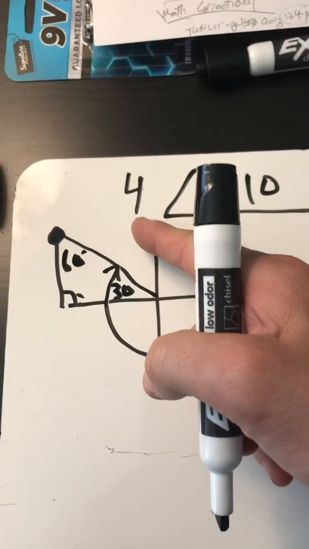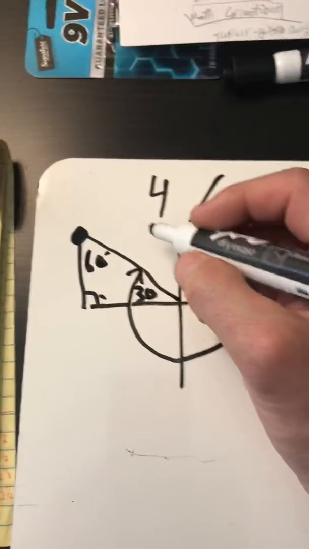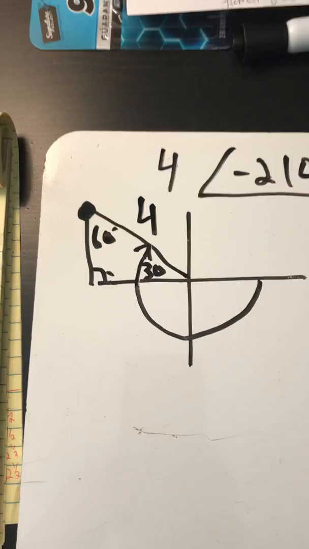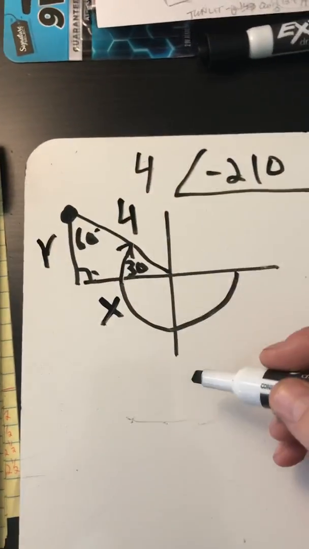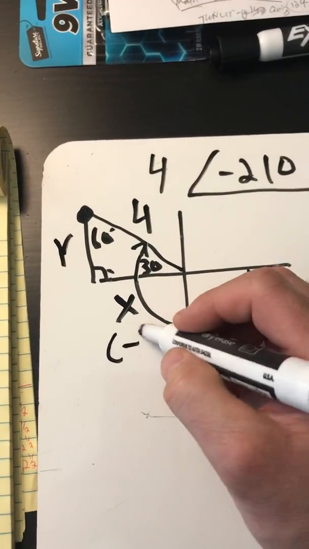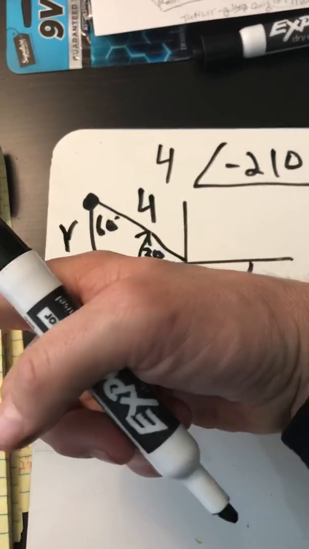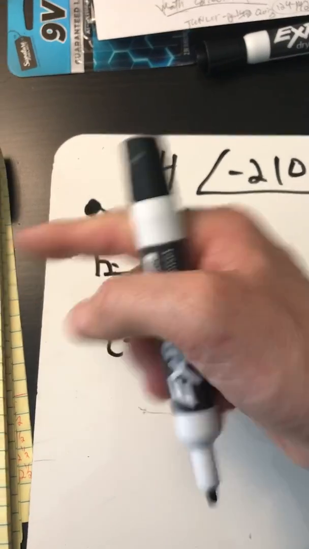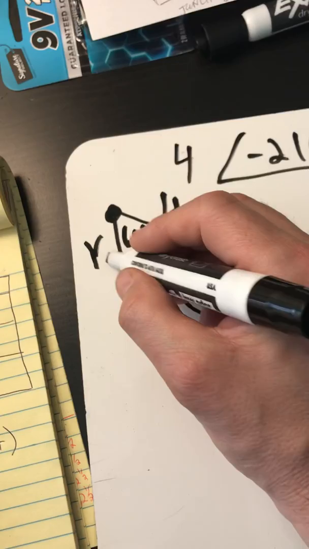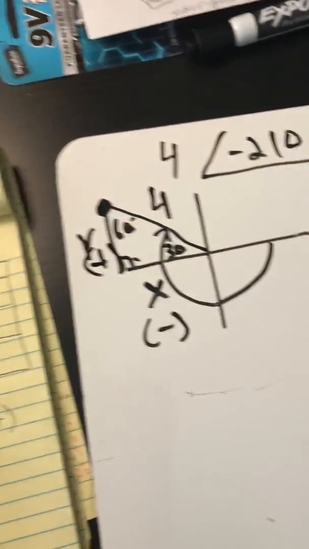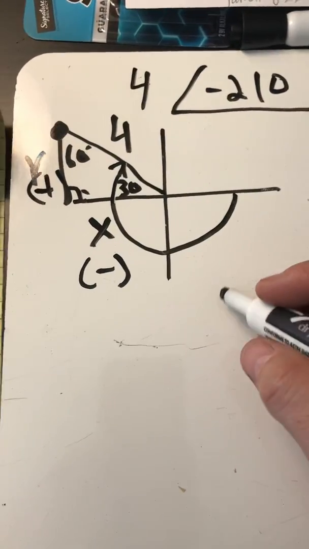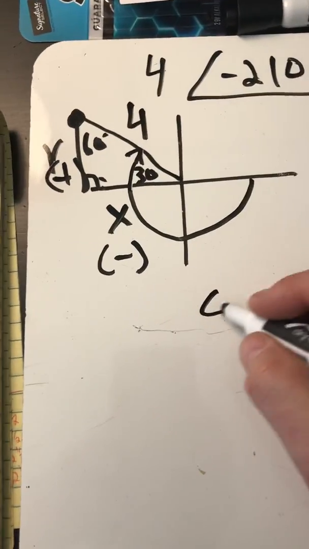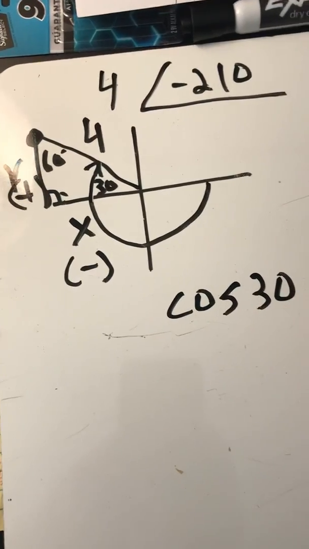The hypotenuse is 4. That's what they tell us from the polar coordinates. We want to figure out x and y. I know my x value is going to be negative because we're going that way on the number line from the origin. My y value will be positive because we're going up. So let's get to work. To figure out x, I'm going to use the cosine of 30 degrees.